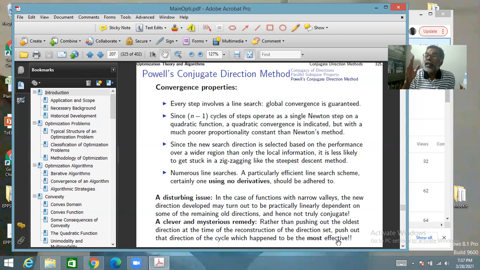And therefore, the new direction, which is x prime minus xk, has the biggest contribution from that direction. And that is why the new good direction has the possibility of being linearly independent to that direction, which has contributed most in its development. So this remedy somehow handles the problem.